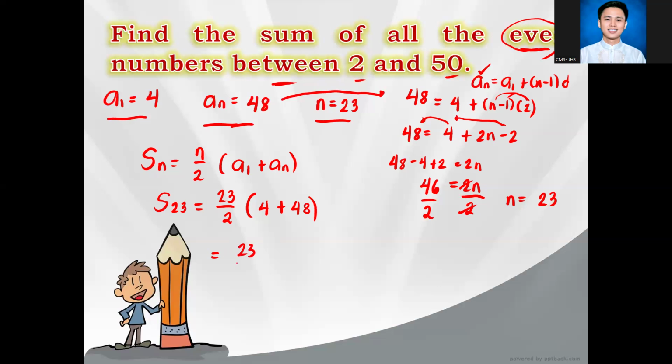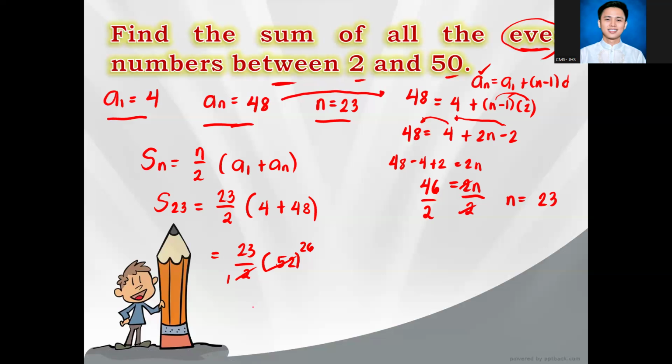So we'll have 23 over 2 times 4 plus 48 is 52. Right? 52. We can simplify 52 and 2. They are both divisible by 2. So 52 divided by 2 is 26. And then 2 divided by 2 is 1. So in this case, 23 divided by 1 is 23. And then you just need to multiply 23 and 26.